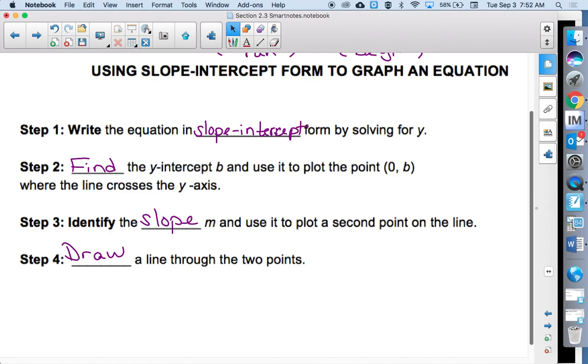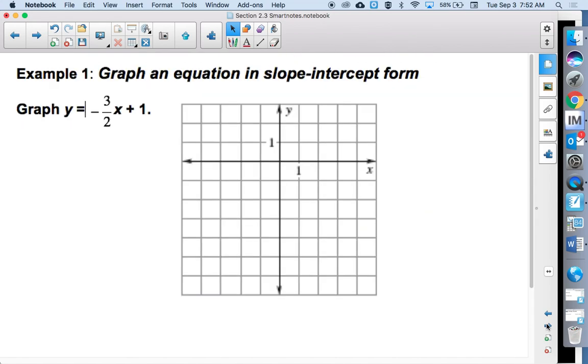So we're going to graph an equation in slope-intercept form. We have the equation y equals negative 3 halves x plus 1. Ignore my little extra line, it shouldn't be there. So graph this in slope-intercept form. Begin with b.